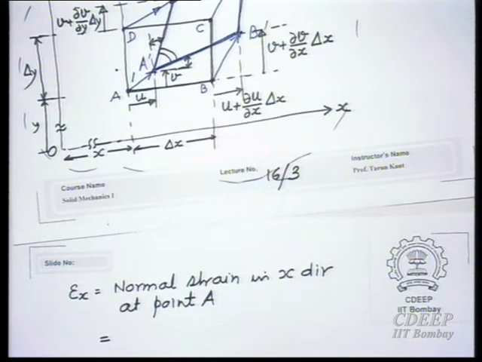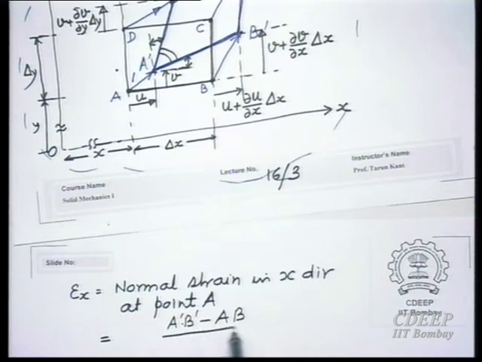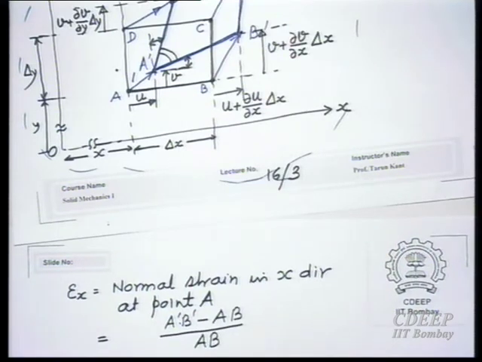So what will this be? It will be epsilon x equals A dash B dash minus AB divided by AB, and of course in the limit, because strain is a small quantity. It is not that any length of AB you take; all these quantities are small.